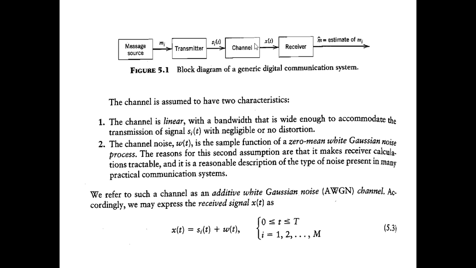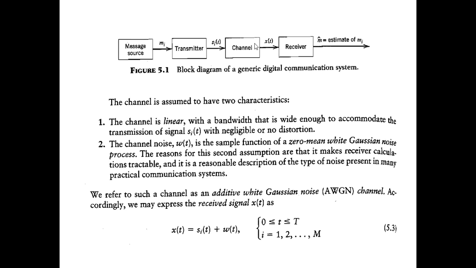Then this signal goes to the channel. The channel is assumed to have two characteristics. First, the channel is linear with a bandwidth wide enough to accommodate the transmission of si(t) with negligible or no distortion. Second, the channel noise w(t) is a sample function of a zero mean white Gaussian noise process.